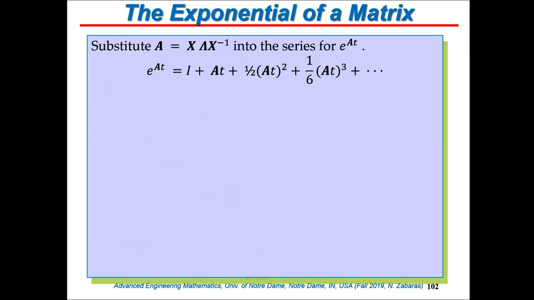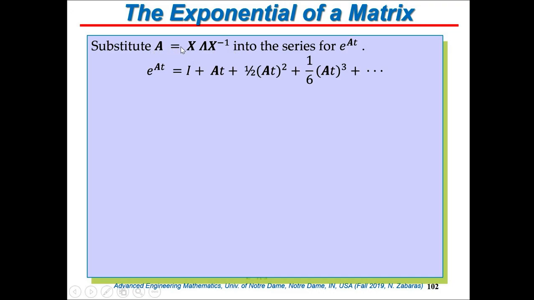Let me proceed to the case where A has n eigenvectors that are the columns of the eigenvector matrix X. So the matrix A can be diagonalized, as we have seen in the earlier lecture, as X Lambda X^(-1).